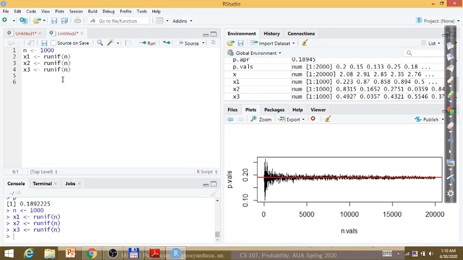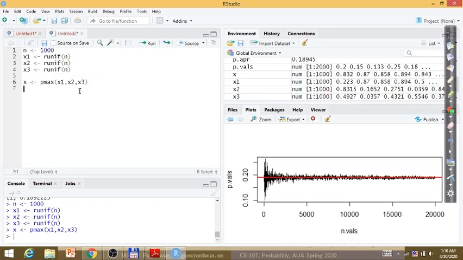Now I'm calculating the pointwise maximum. So this is a vector, this is a vector, this is a vector. I want to find the maximum of the first element, then the maximum of the second element. That is done in R by using pmax, parallel max. The pmax command is doing that calculation. Say x1, x2, x3.